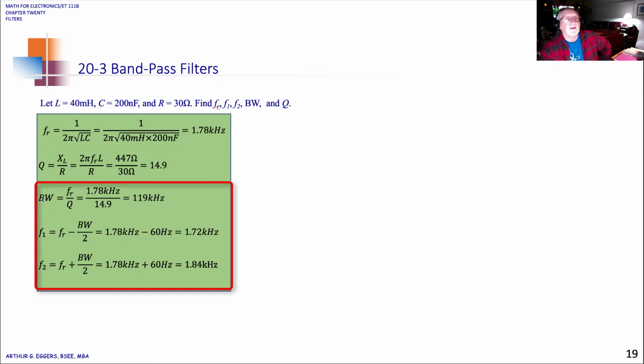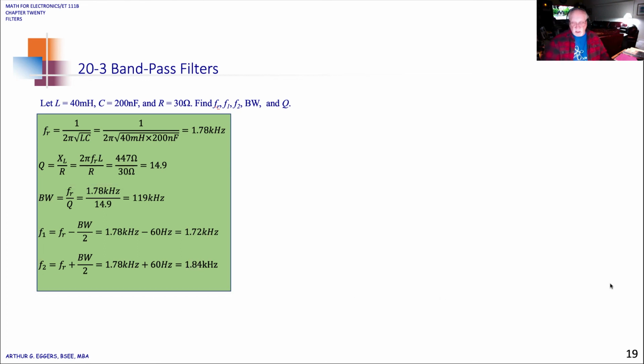The bandwidth then can be calculated from the Q and the resonant frequency, gives us 119 kilohertz. And then our 2 cutoff frequencies, the resonant frequency plus and minus half of the bandwidth, gives us 1.72 kilohertz and 1.84 kilohertz. So now we've looked at all of the parameters for a bandpass filter.